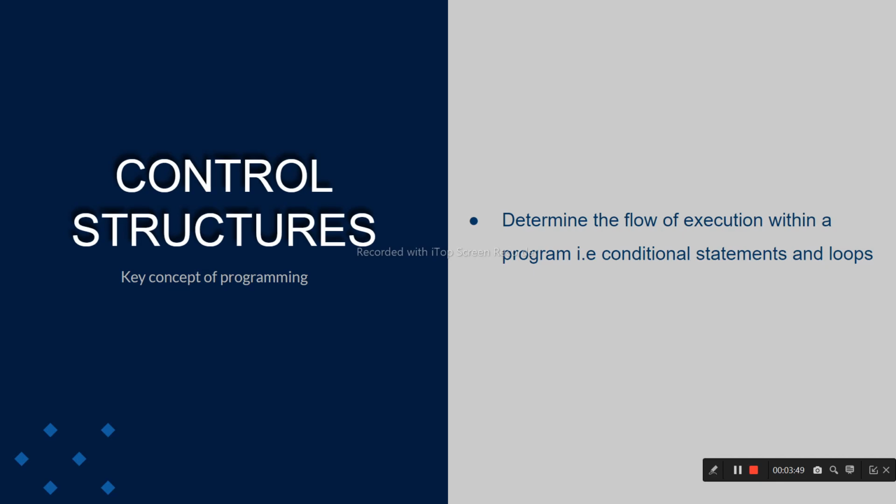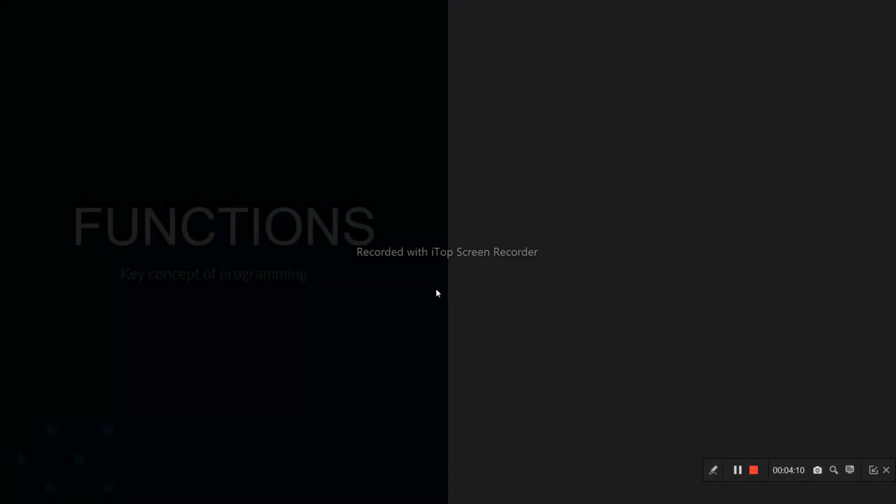Control structure basically is the use of conditional statements and loops. Let's say you want something to be repeated over and over within a piece of program. You'll always use loops to do that. We learn all this, as I've said, practically within the program.